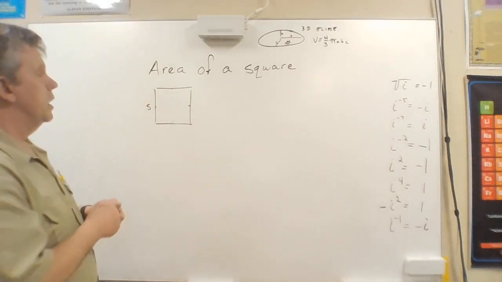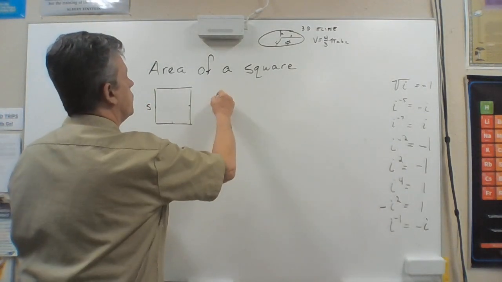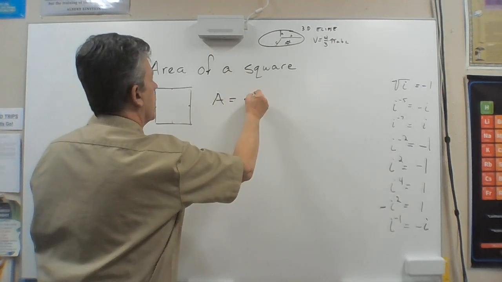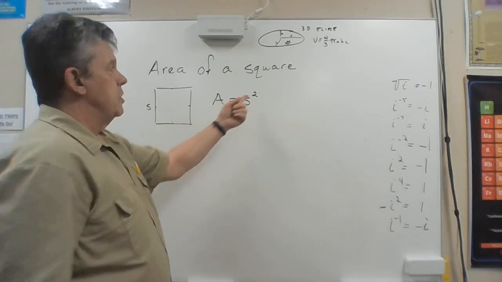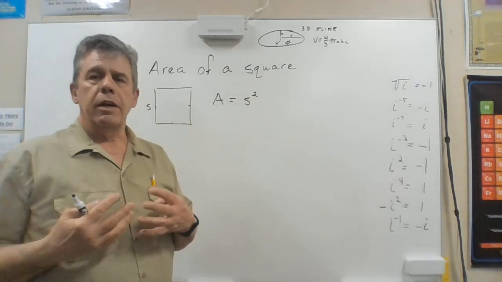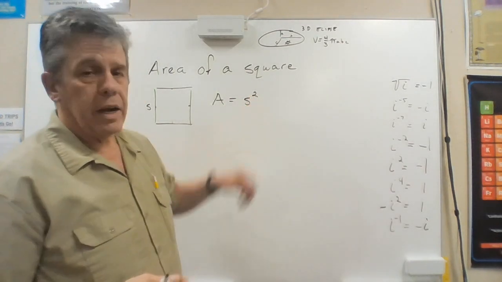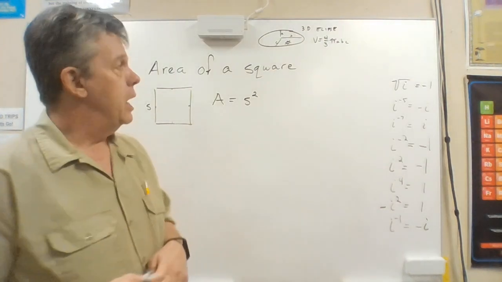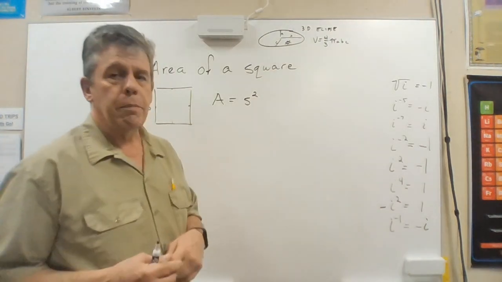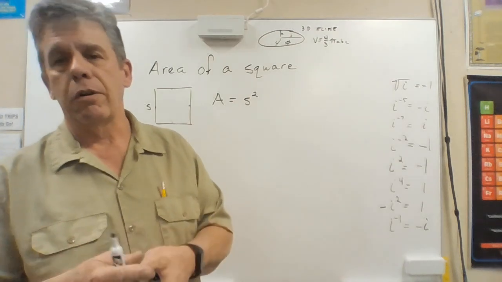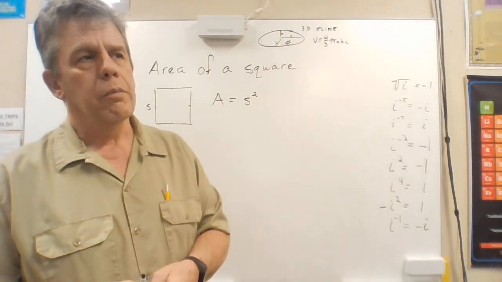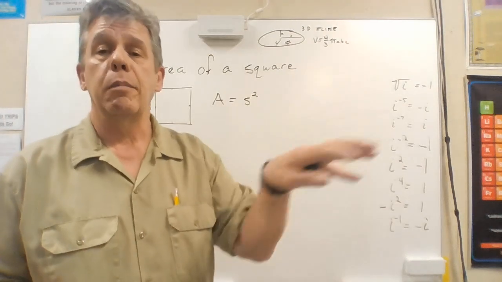In this case, for the area of a square, we always use A for area. Area equals side squared. This is an exponent. When we have a small number up to the right to the side there, that's called the index of an exponent. And this variable, represented by the letter S, is oftentimes a number we're not quite sure about yet, or it also means in a formula, put any number here.